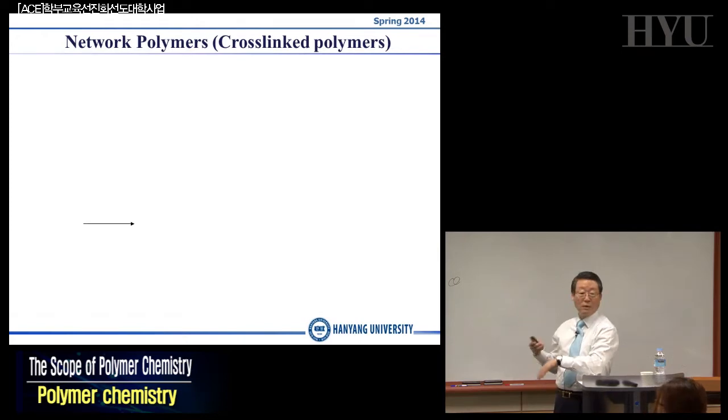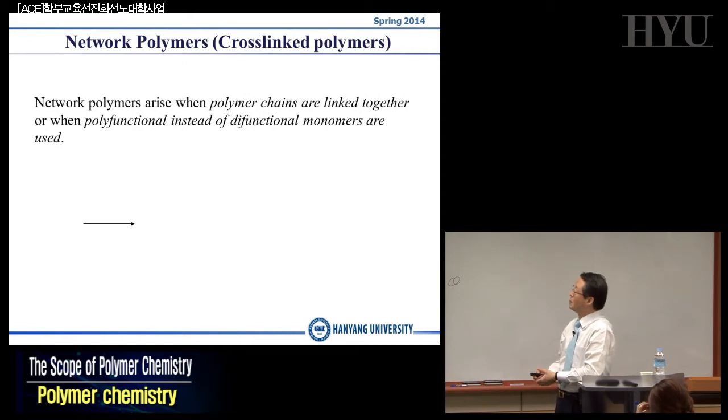So we will move on to the cross-linked polymeric structures. Cross-linked polymers are the ones where the polymer chains are linked together, or where polyfunctional instead of difunctional monomers are used. Polyfunctional means that you have many functionalities.